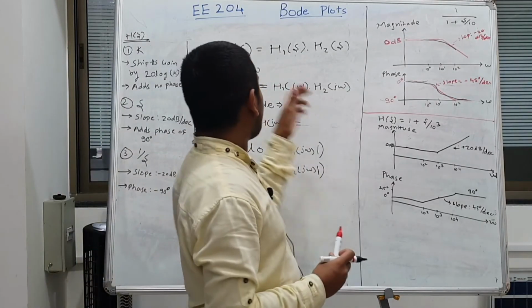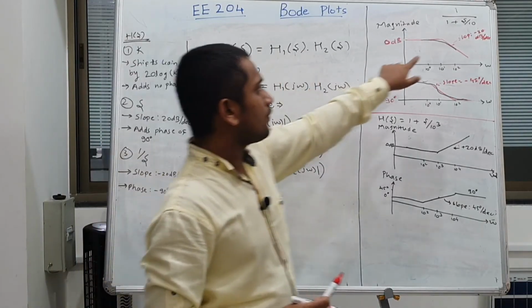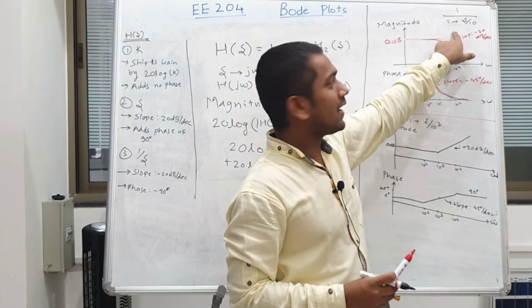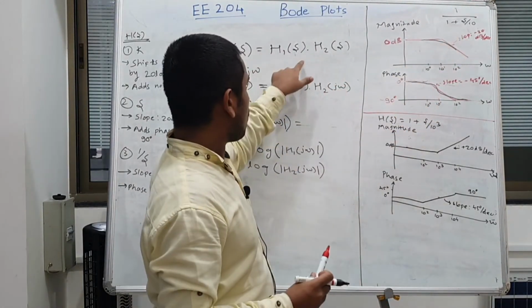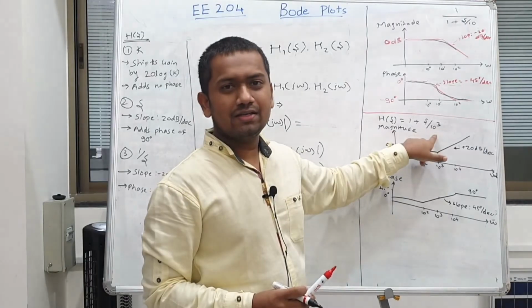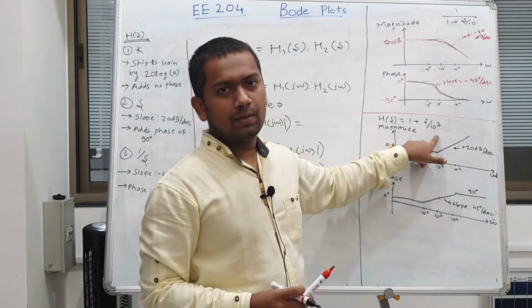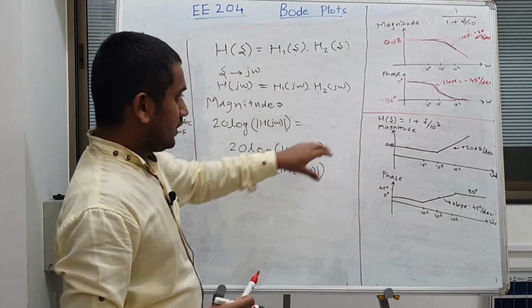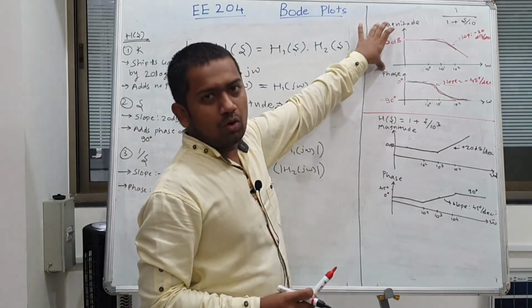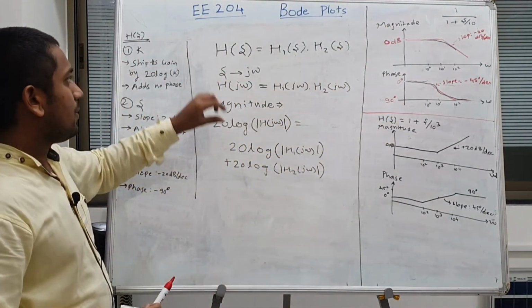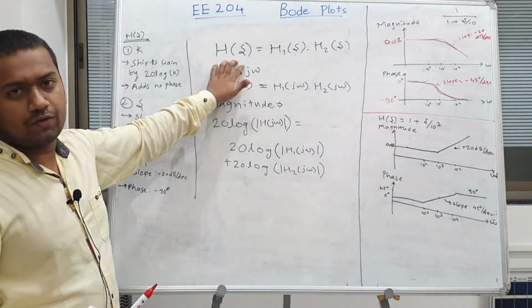Meaning, if we have h1 of s as 1 by 1 plus s by 10 and h2 of s as 1 plus s divided by 10 to the power 3, then the addition of these two magnitude plots will result in the magnitude plot for h of s.